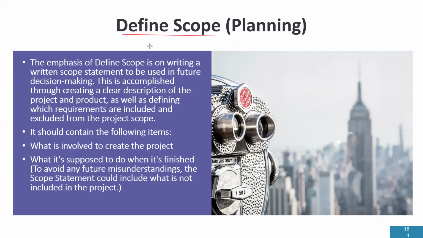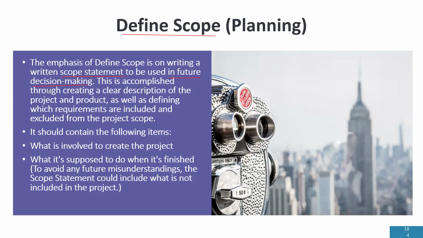So the goal of define scope is a scope statement. So we're going to create what we call a written scope statement. And once that scope statement is created, we don't need to reference the project data for scope information. The scope statement should be detailed enough to describe what the scope of the project is all about.